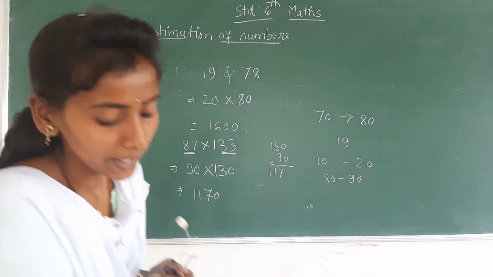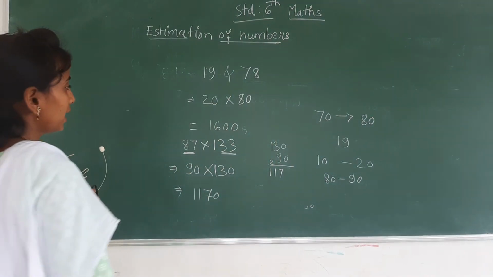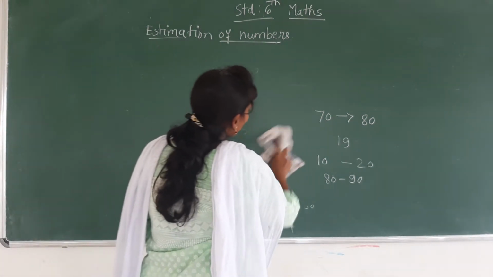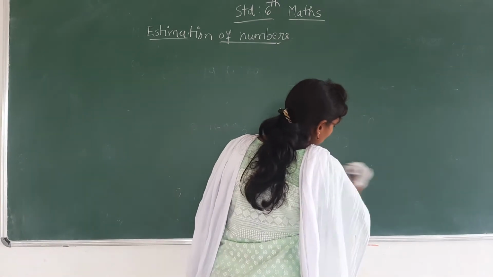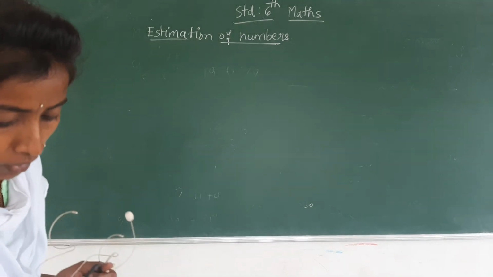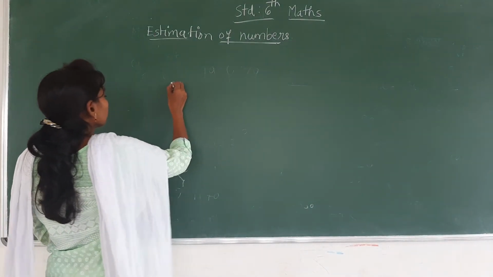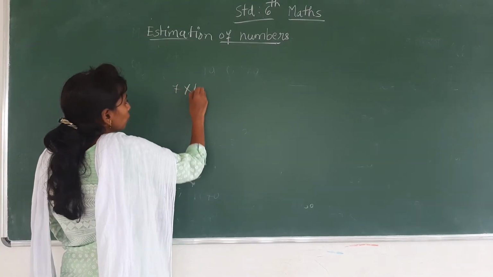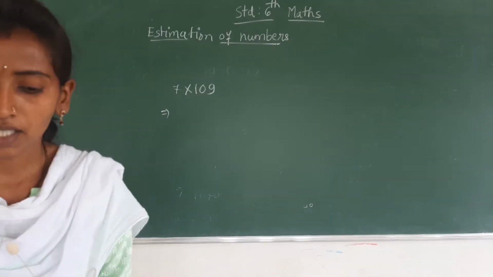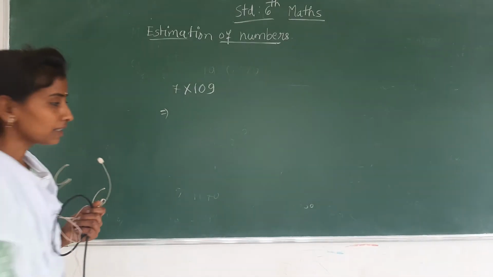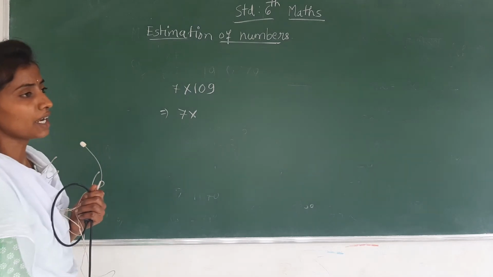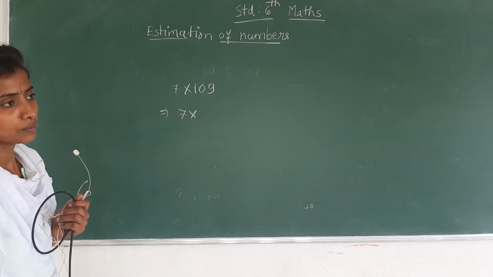Now we will see how to expand the brackets by using numbers. One example is 7 into 109. I keep the 7 as it is, and I am going to expand the 109.